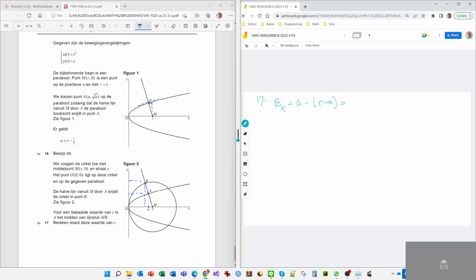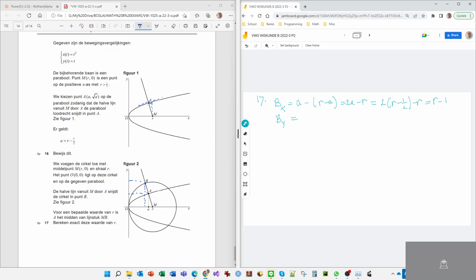So that is 2a minus r, and a is r minus 1/2, so it's 2 times r minus 1/2 minus r, which is r minus 1. That's the x coordinate of B.